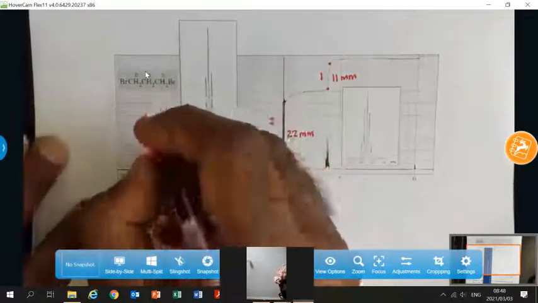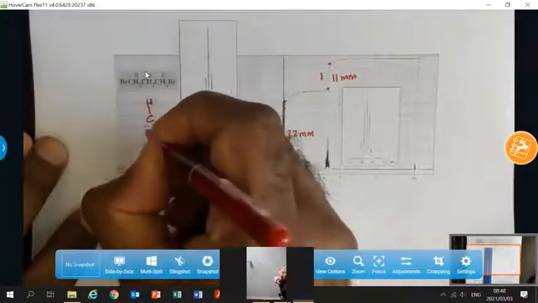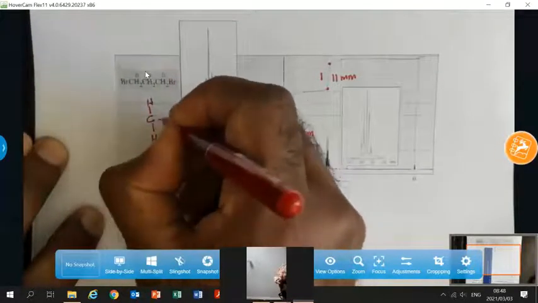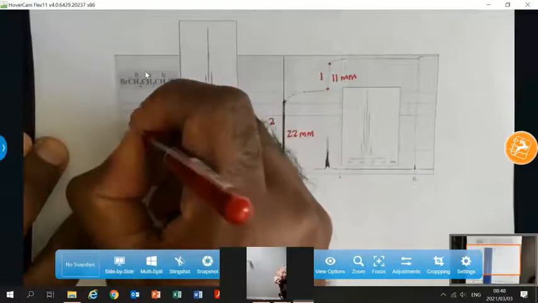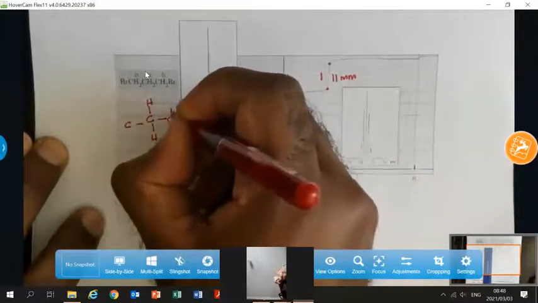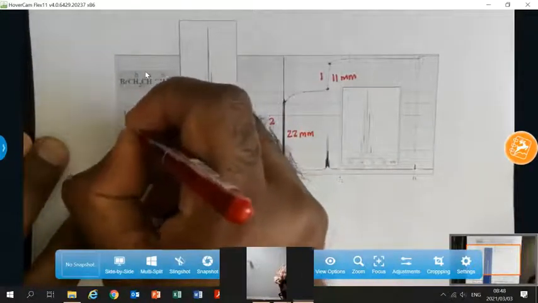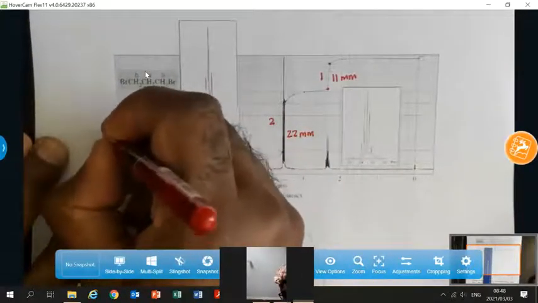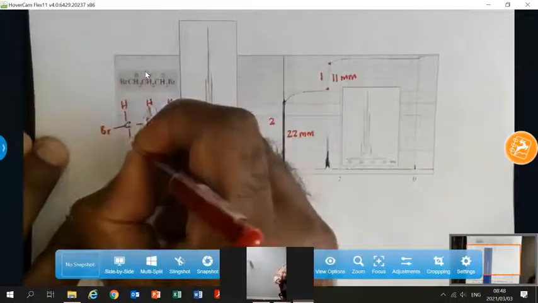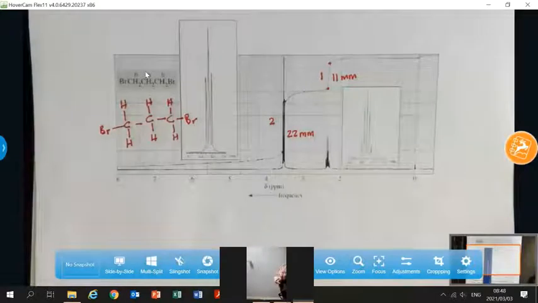So if I had to draw a stick structure, you'd see that's how I would really depict my molecule. Right, so if I had to expand the structure, that's how the molecule would actually look.